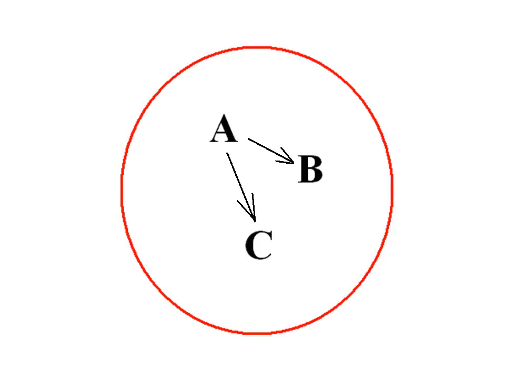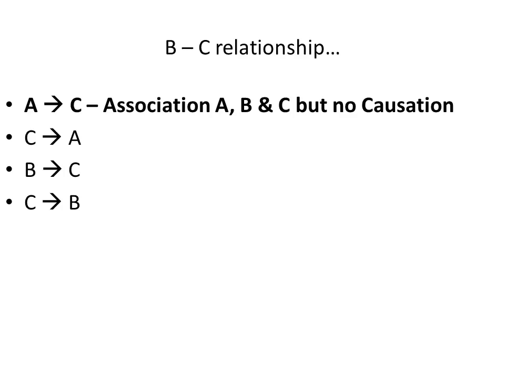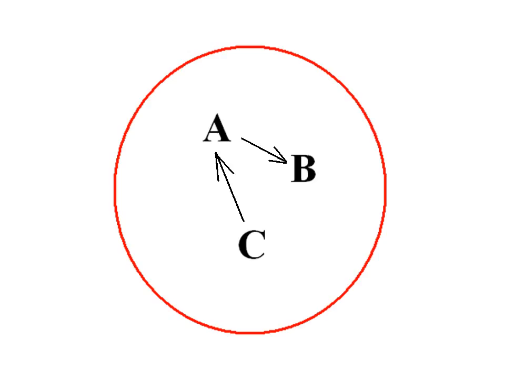We could call the relationship between B and C parallel consequential. They are both a consequence of the same cause, which is the independent factor A. C is just like B an associated dependent variable, resulting in association but no causation.